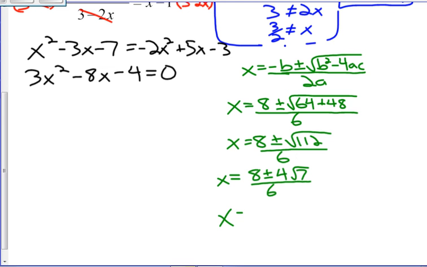Okay, which simplifies to, those are all divisible by 2. So we'd have 4 plus or minus 2 root 7 over 3. Okay, the thing to notice here is that is clearly not the restricted value of 1.5, or 3 over 2. So these are both going to be okay solutions.